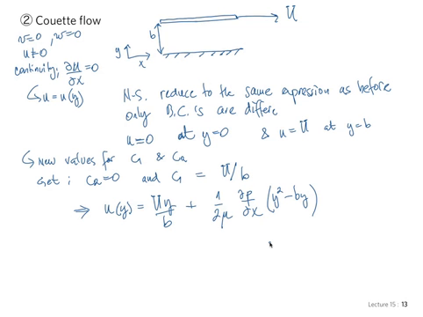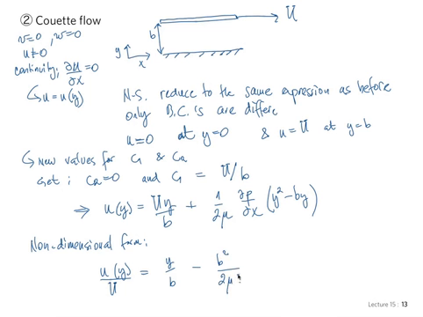It's normal to write this in a non-dimensional form by dividing by capital U, the velocity of the top plate, and we get u over U is equal to y over b plus, let me write this out, b squared over 2 mu U times dp/dx times y over b times (1 minus y over b).